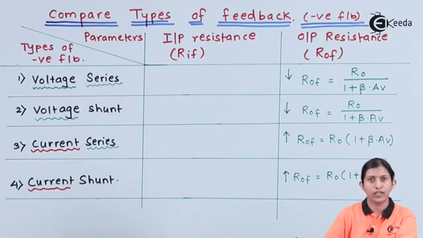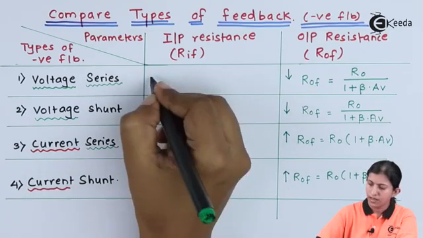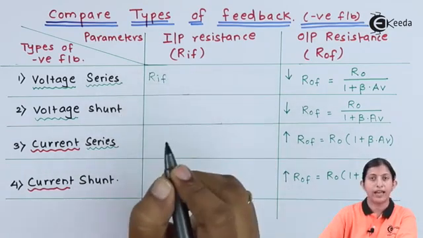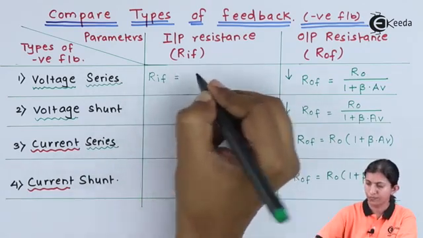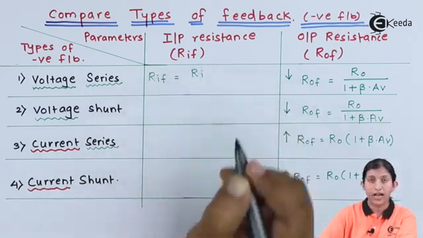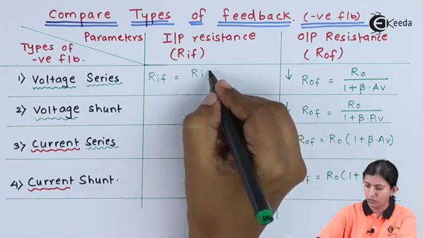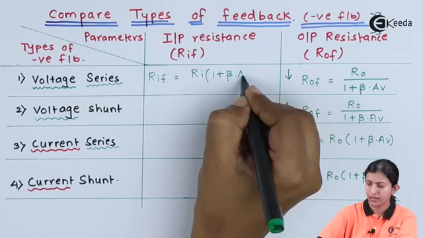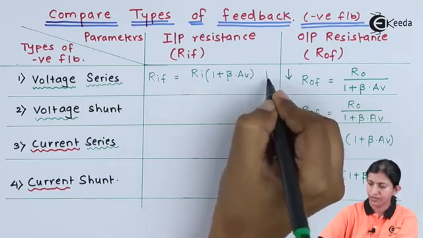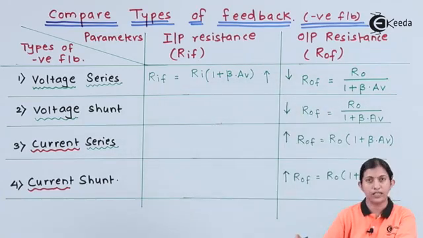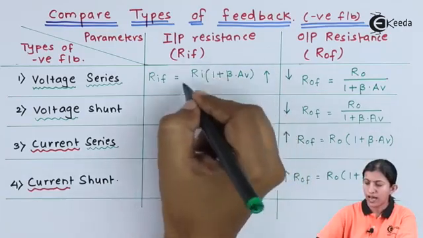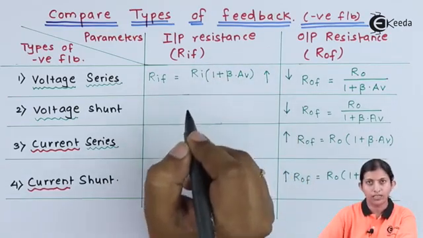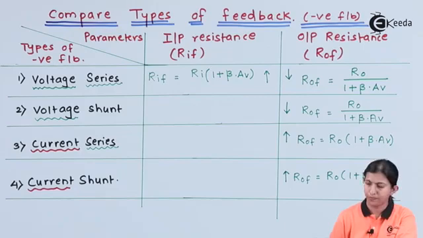So the value of the input resistance is RIF is equal to RI into 1 plus beta times AV, that is input resistance increases, where this RI is the input resistance without feedback.